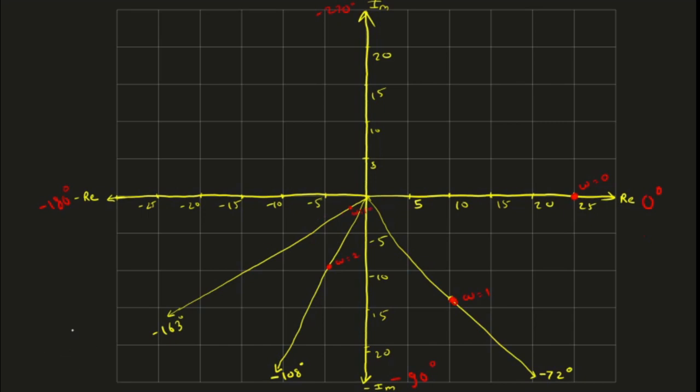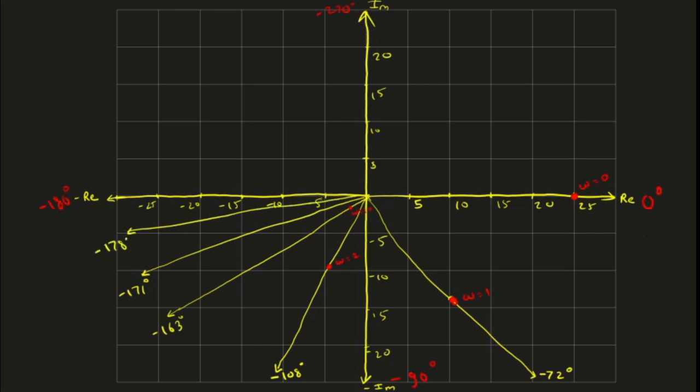Next value will come at minus 171 degree. Let's say this is here. And the last will come at minus 178 degree, that is somewhere here.